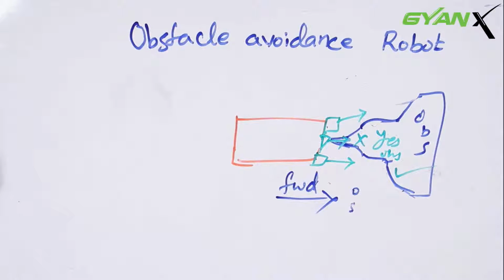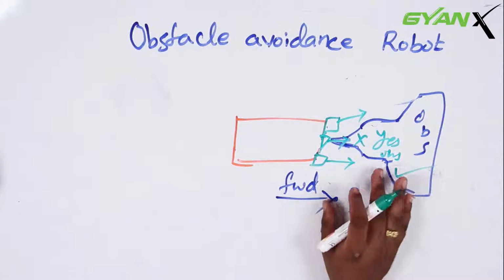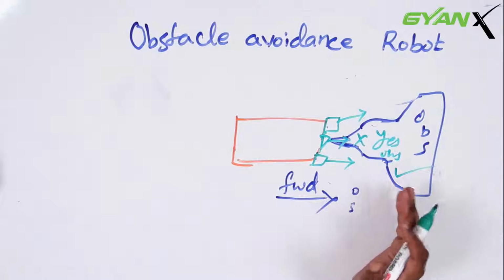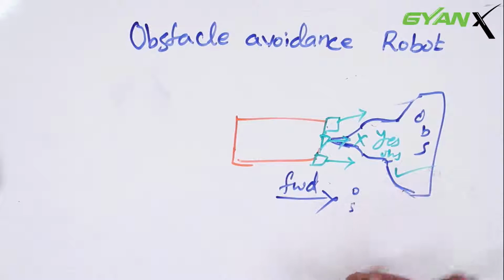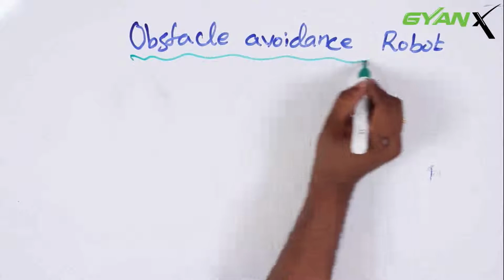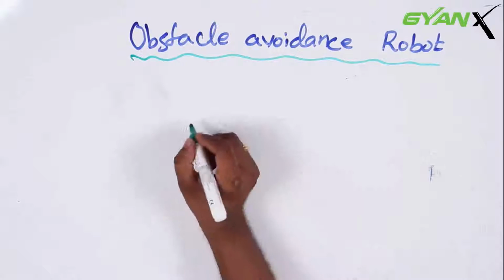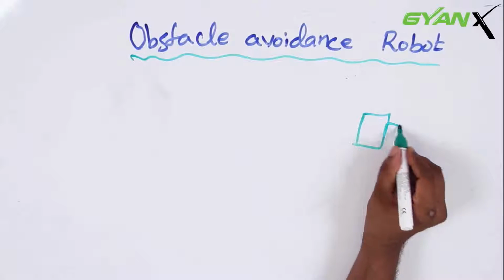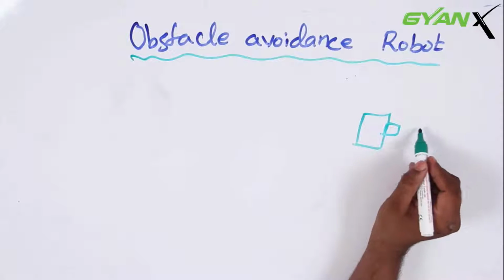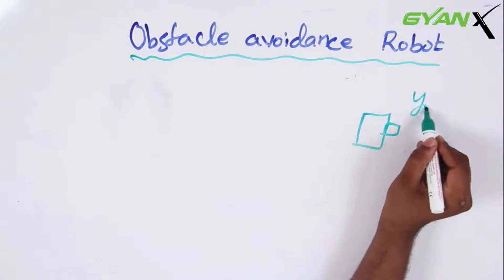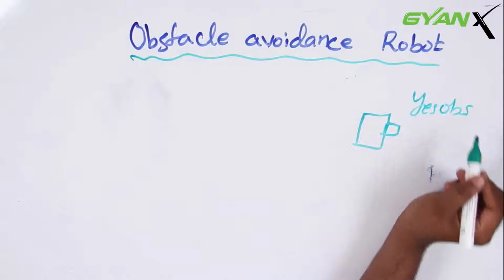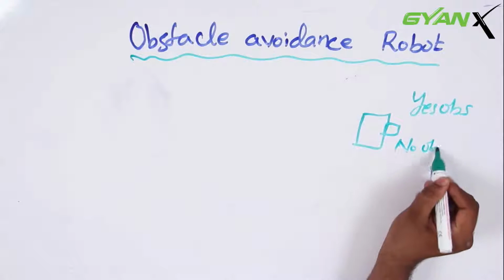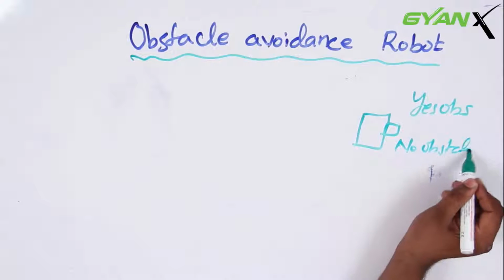So let's go with an example of how to build a robot with a single sensor. Then we'll go to the second sensor, then the third sensor, and we'll develop the algorithm and project and go ahead. Right, so we have a robot, and we have a single sensor. The sensor can detect either yes obstacle or no obstacle.